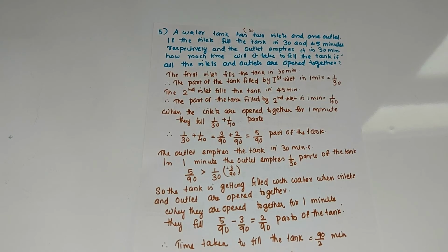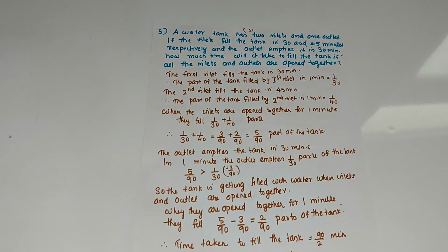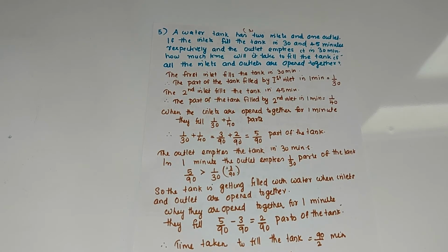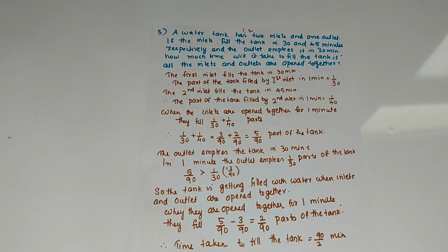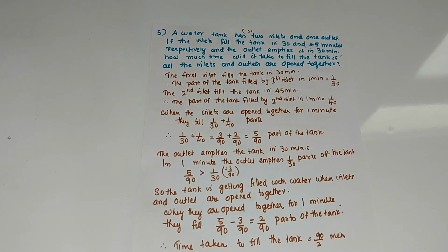Now, the fifth one. A water tank has 2 inlets and 1 outlet. If the inlets fill the tank in 30 and 45 minutes respectively and the outlet empties it in 30 minutes, how much time will it take to fill the tank if all the inlets and the outlet are open together? So, a water tank has 2 inlets and 1 outlet.